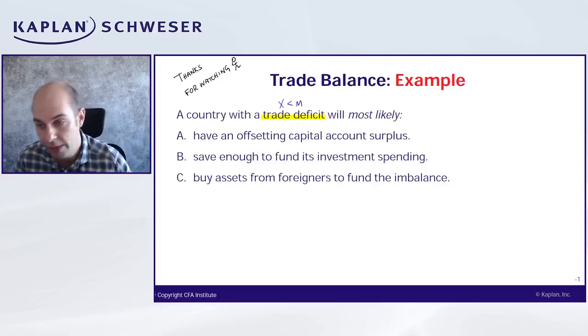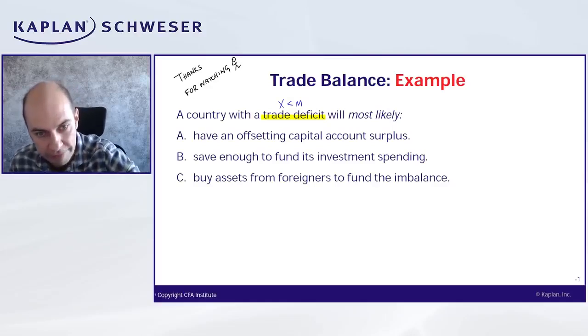So if I'm borrowing, that means foreigners are lending to me. That means I'm selling my assets to the foreigner. That means that I am running a capital account surplus. Money is coming into the economy, right? Investments are coming into the economy.